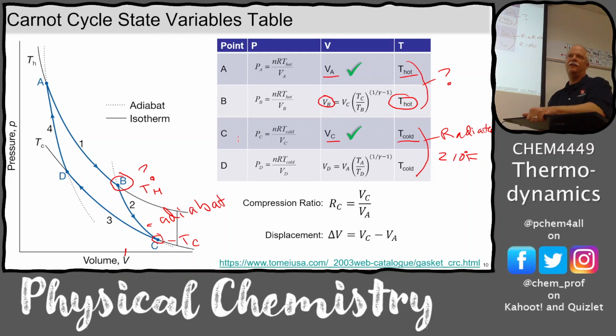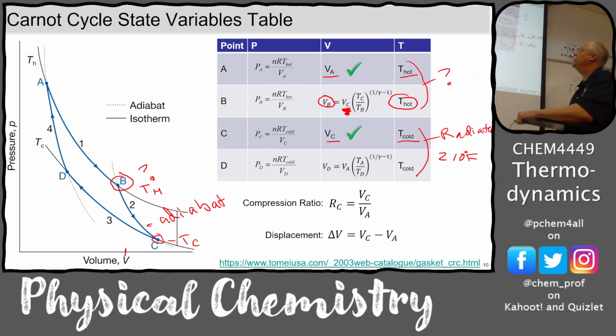If you're going to mess this up on the test, you're probably going to use the wrong volume. I see people use VA all the time, and they mess that up. So this is the key right here, is to use VC.